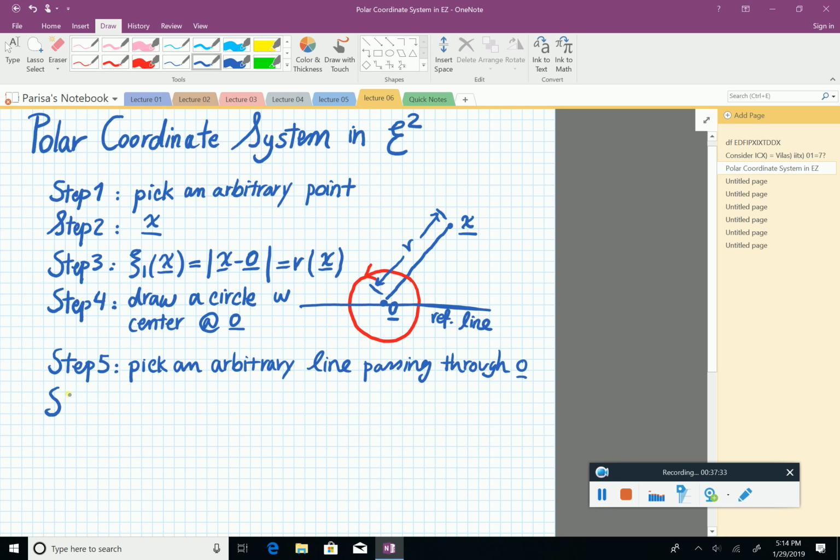And you know exactly what I'm getting to, because for the second coordinate I just calculate the angle from that reference line to the line that connects O and X. And we are basically done with that.